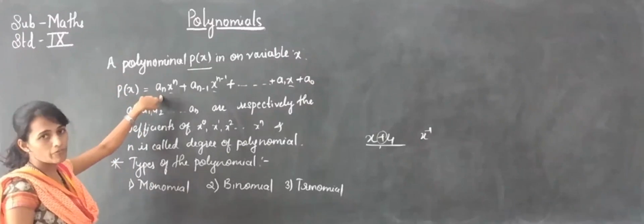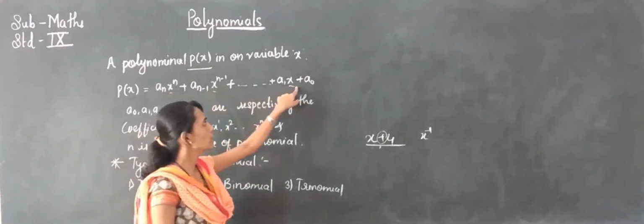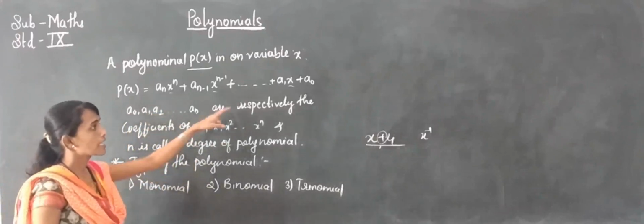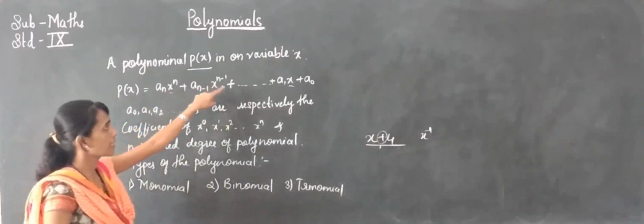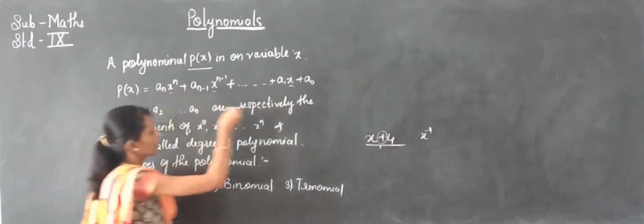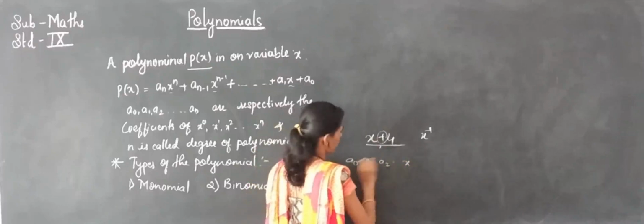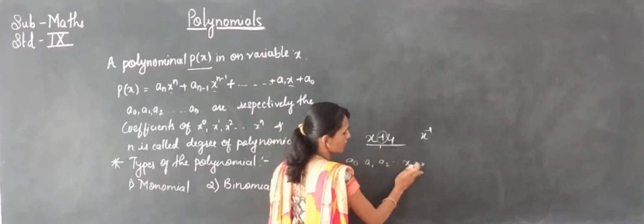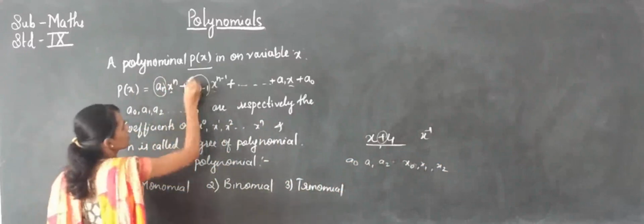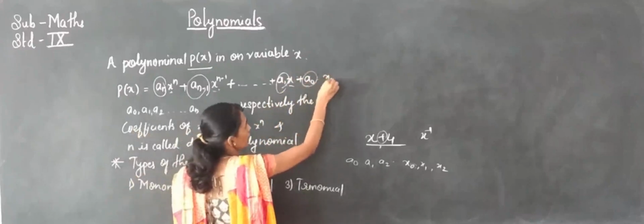This is the general form of a polynomial: a_n x^n plus a_(n-1) x^(n-1) plus and so on, plus a_1 x plus a_0. Here a_0, a_1, a_2, up to a_n are the coefficients. a_n is the coefficient of x^n, a_(n-1) is the coefficient of x^(n-1), a_1 is the coefficient of x, and a_0 is the coefficient of x^0.